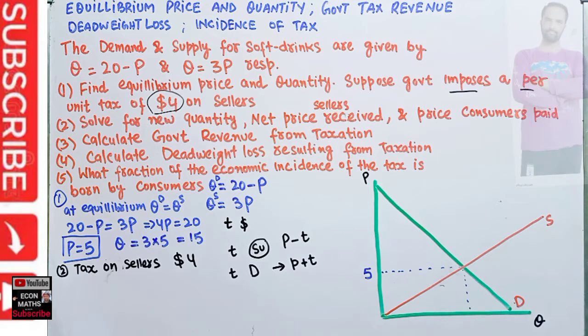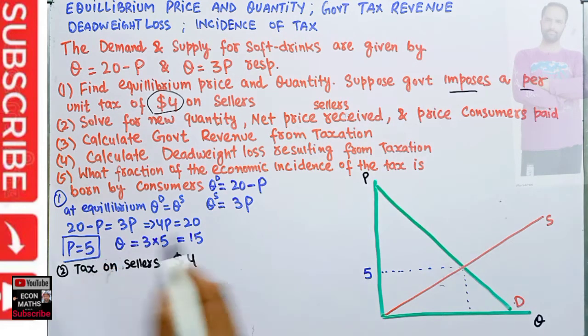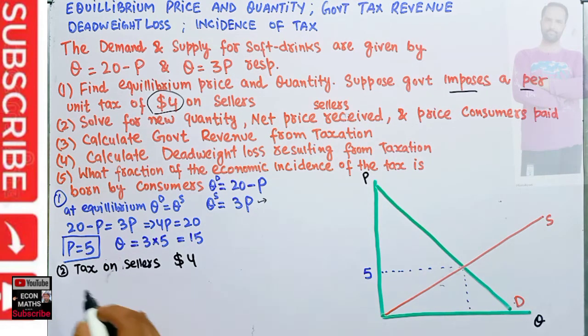Then our new supply function will become, let me reiterate here again. When tax is imposed on sellers, in the supply function the price will change to P minus the tax. If tax is imposed on consumers, then the demand function will change and our new price will be P plus the tax.